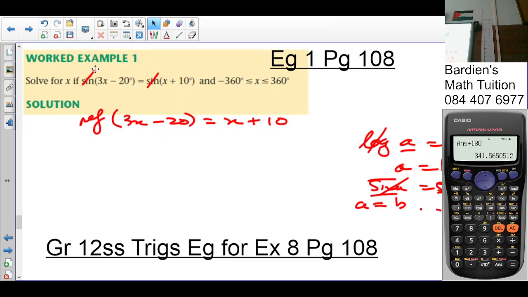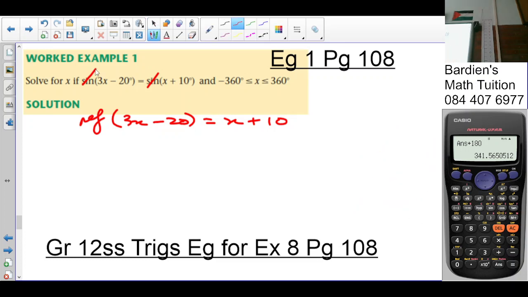So we've dropped that, which gives me a reference angle. The question I should be asking myself is, in which quadrant is sine positive? Sine is positive in quadrant 1 and 2.